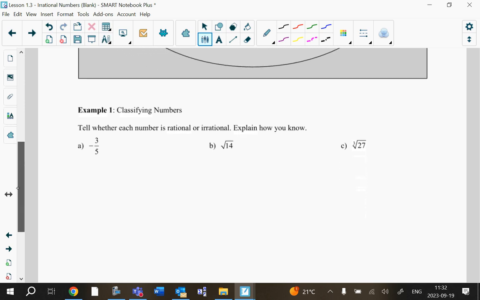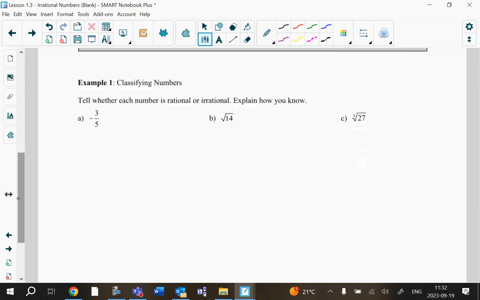Okay, so just a couple of examples. First one, rational or irrational? Irrational. I'm not going to ask you to write it down, but why is it irrational? Don't overthink this, because it can be written as a fraction, because it is. Square root of 14.